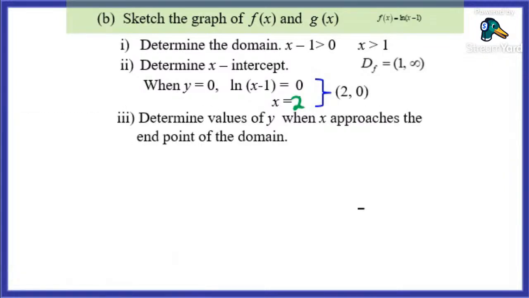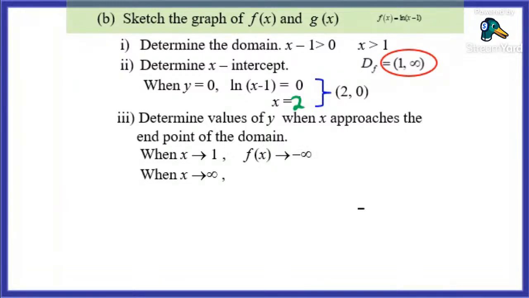Okay, then determine the value of y when x approaches the endpoint of the domain. So what is the endpoint? We have x approaching 1. So y approaches log of (1 minus 1), so log 0, which approaches negative infinity.